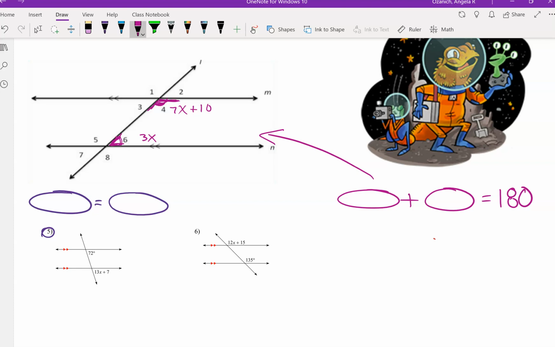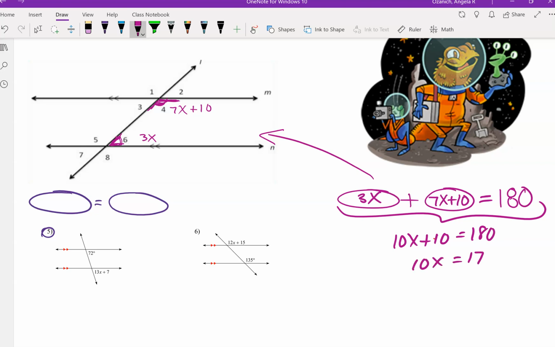The setup is that you add together those 2 angles and set them equal to 180 and continue to solve from there. So that would be 10x plus 10 is equal to 180. We'd subtract our 10 from both sides, do our algebra, divide by 10, and get x is equal to 17.